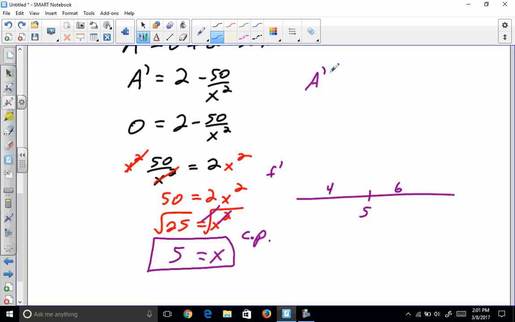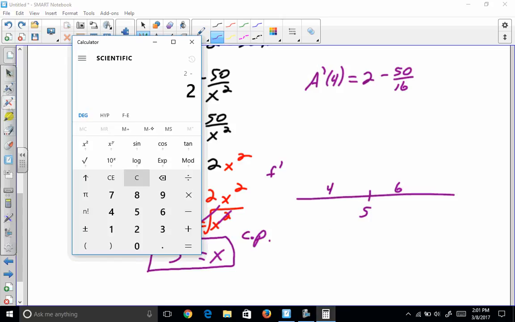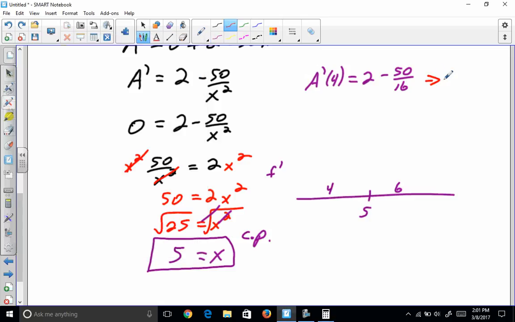If we put a 4 into our first derivative, 4 squared is 16. So if we do 2 minus 50 divided by 16, we get a negative. So if our first derivative is negative, that means we're decreasing.